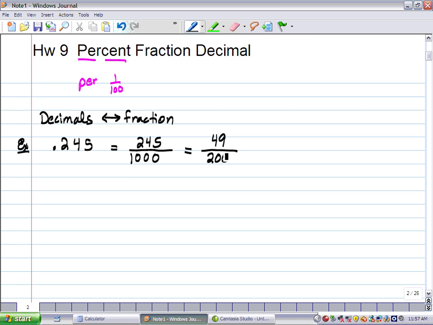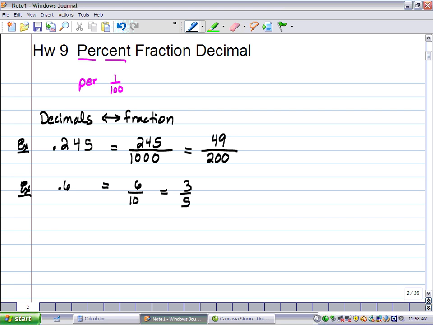So we can reduce the fraction and get 0.245 is the same as 49 over 200. And whatever the place value is, the last digit, you use that. So if you had, for example, tenths, 0.6, you would just make that 6/10 and then reduce.